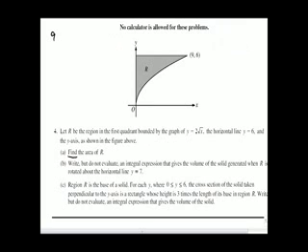For each y, such that y is between 0 and 6, the cross-section of the solid taken perpendicular to the y-axis is a rectangle whose height is 3 times the length.